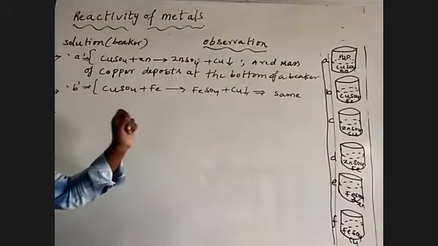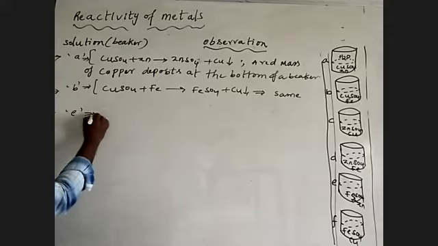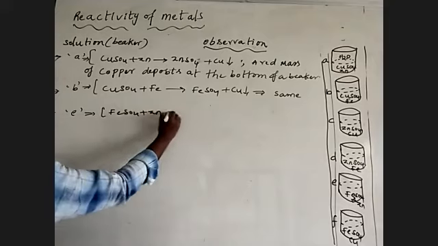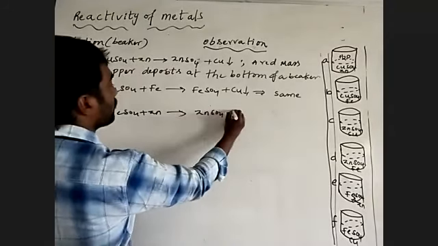Means a displacement reaction is possible. Observe carefully in beaker E. It consists of iron sulfate, which reacted with zinc. It displaces iron from iron sulfate and forms zinc sulfate.